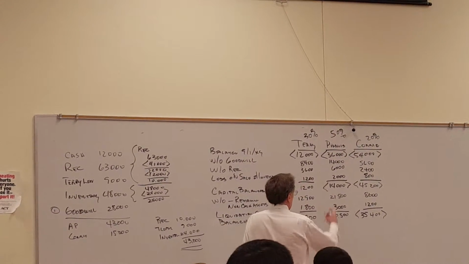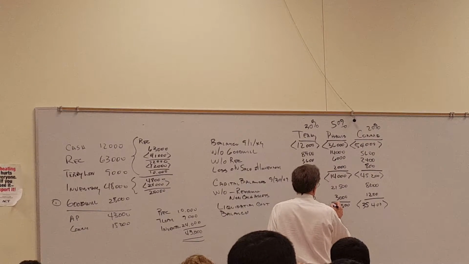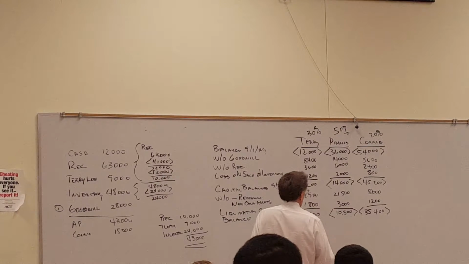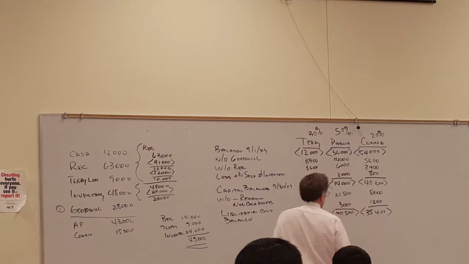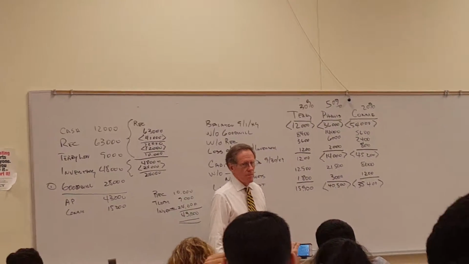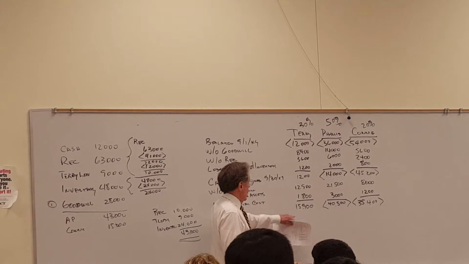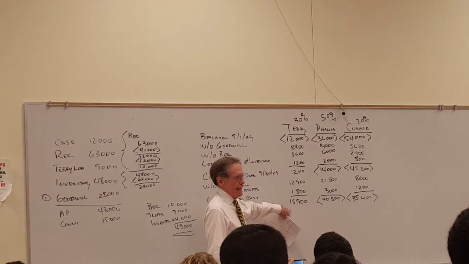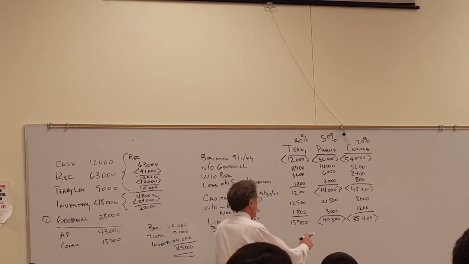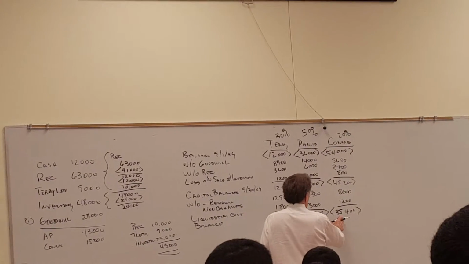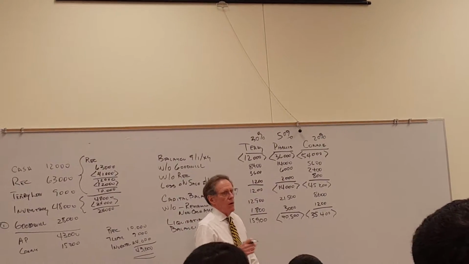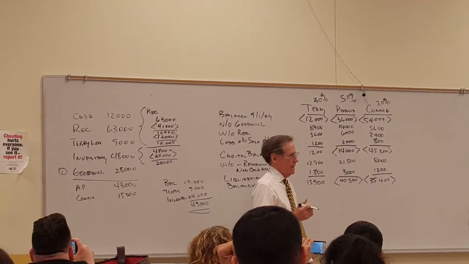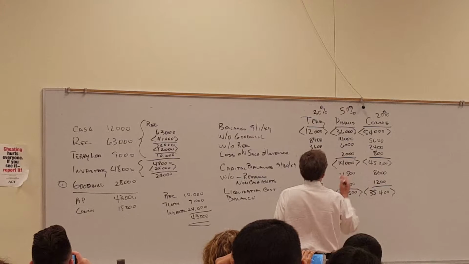Let's say that this comes to $40,500. We then would have a different computation. We're going to take and spread this to these two parties. What's the ratio we're going to use to spread them?